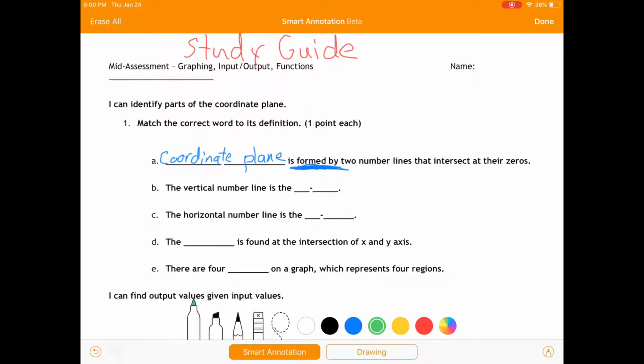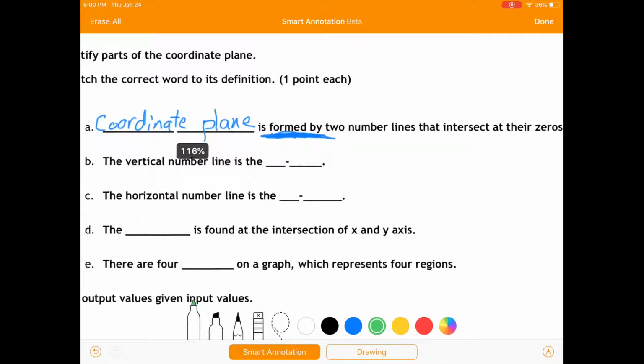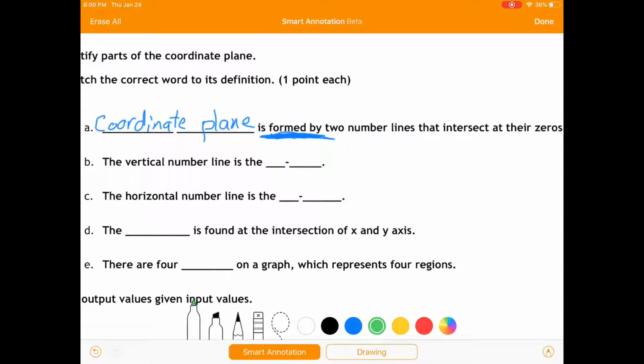Now for the second one, and I'm going to zoom in so it's not jammed up so much in those blanks. The vertical number line is, so when we're looking at the coordinate plane is formed by our two number lines that intersect.